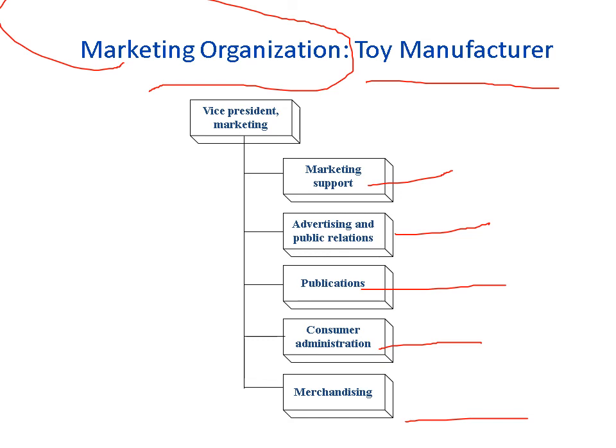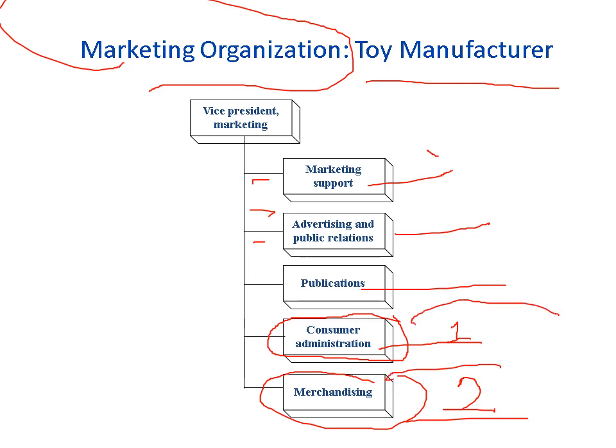Maybe product management is along consumer administration, or it can be in merchandising. It depends. They can integrate the product management function, but more ideally and realistically, you try to integrate product management in this sector.